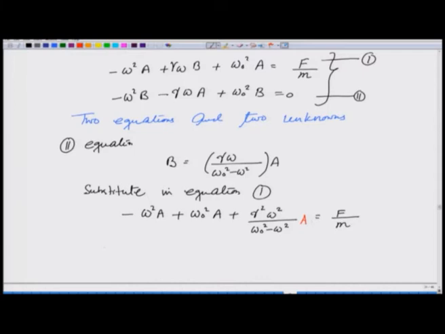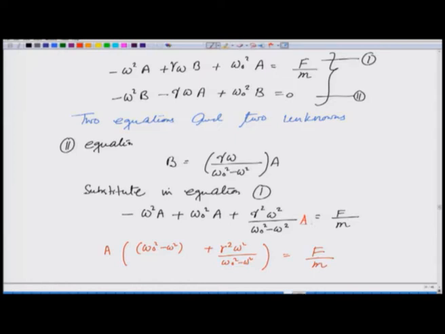So, I get a times omega 0 square minus omega square plus gamma square omega square over omega 0 square minus omega square equals f over m. I have found the value of A.